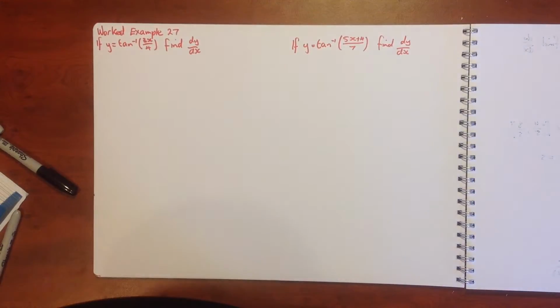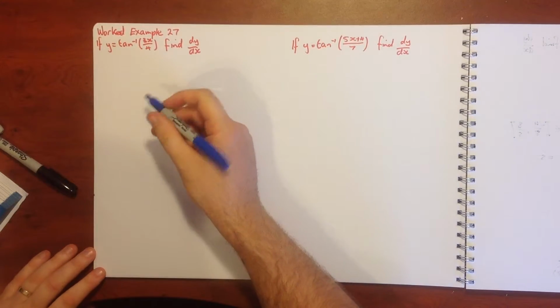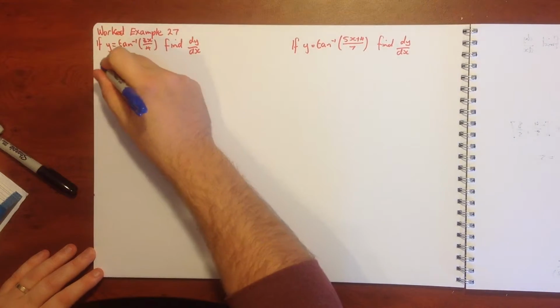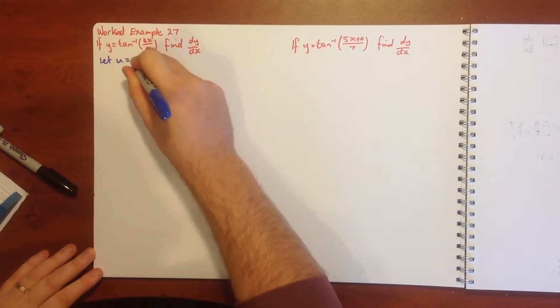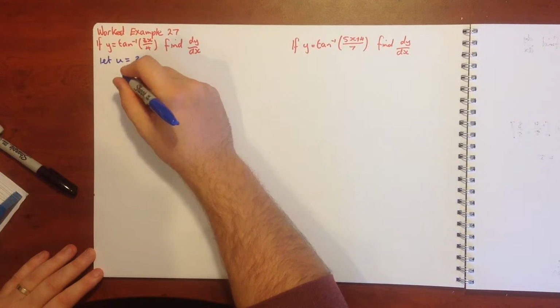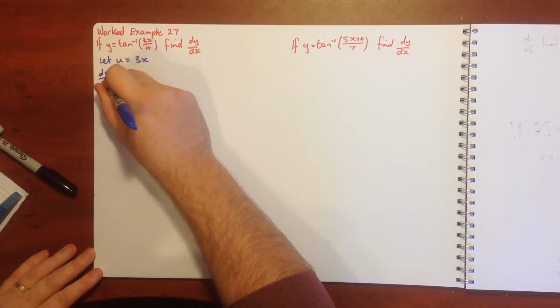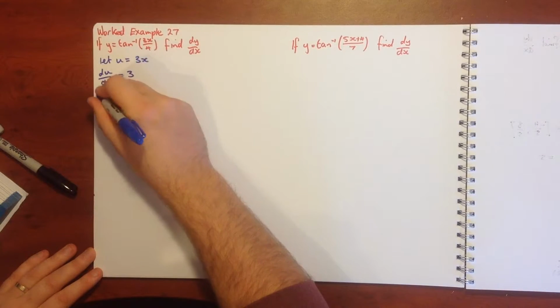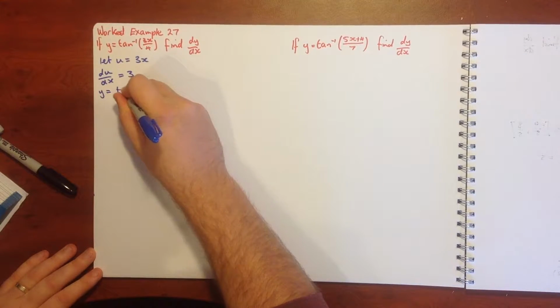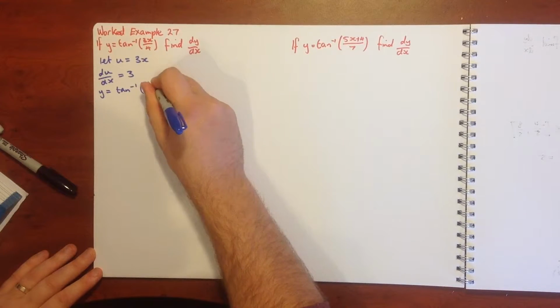Not surprisingly, we've got some inverse tan ones to have a look at now. Similar thing here. We're going to be doing a substitution and saying, well, let u equal 3x. Our du/dx equals 3. We get y equals inverse tan of u on 4.